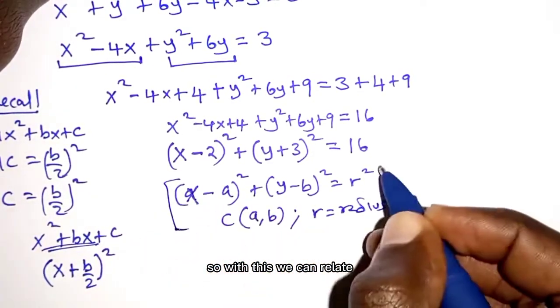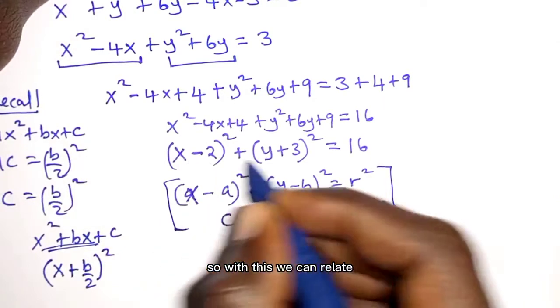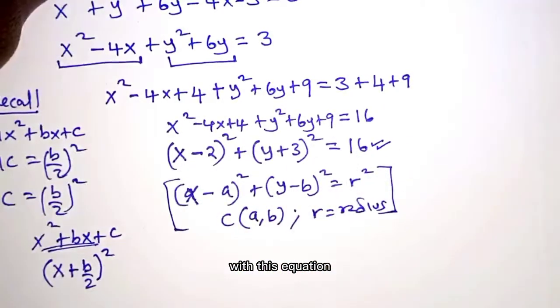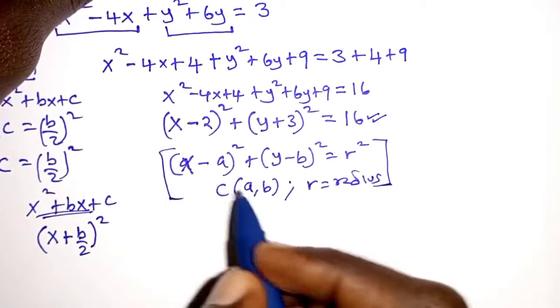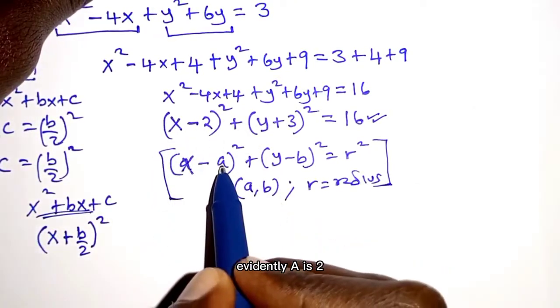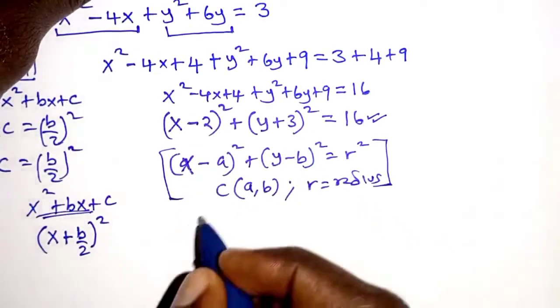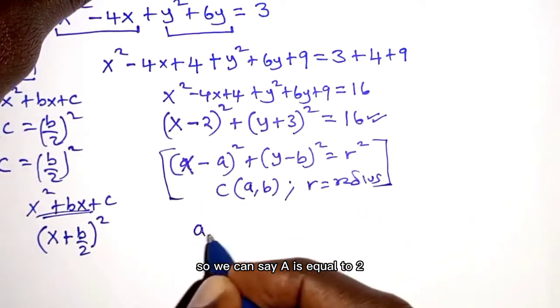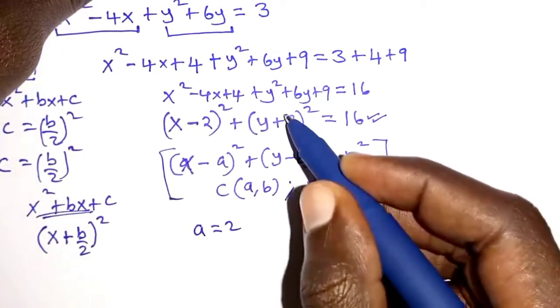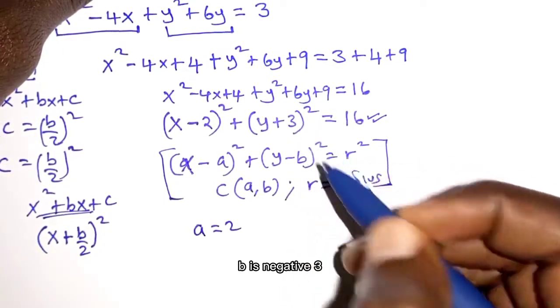So with this, we can relate with this equation. For this first part, evidently a is 2. So you can just say a is equal to 2. And then for this second part, b is negative 3.